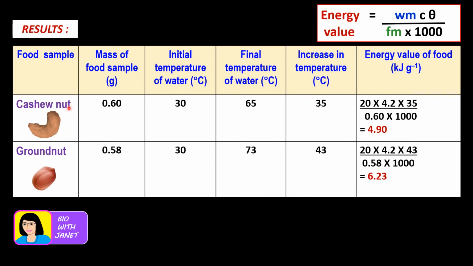For example, nuts that have been roasted will have less water in them, so they're more compact, and they may produce a higher energy value for the same mass. We are not sure about the other factors that may come into play to affect the energy value. So these are just sample results. Now let's continue with the calculations.